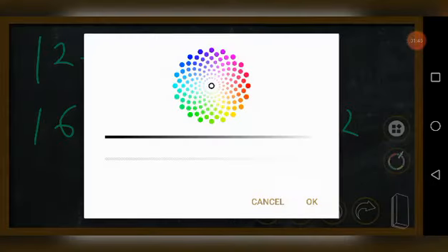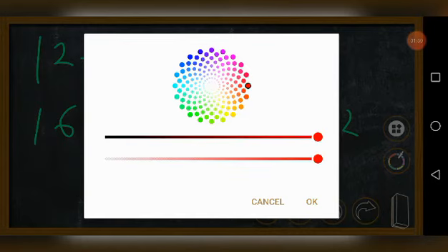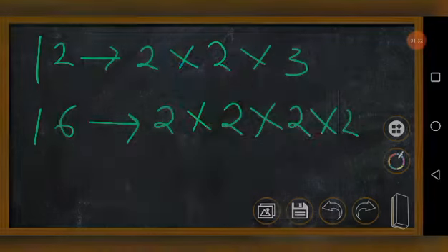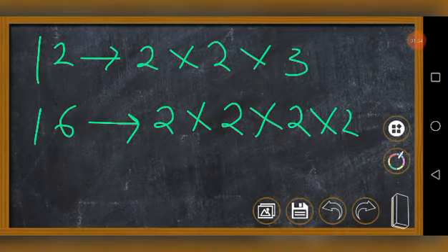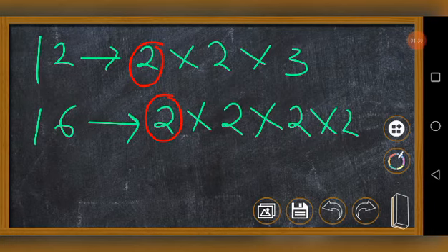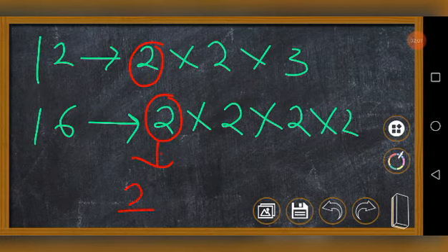Now take the common factors only, which are repeating between the two numbers 12 and 16. So we have repeating prime factors, 2 and 2. I will take only one 2, not both 2s. We have to take only one from the repeating or common factors between 12 and 16.